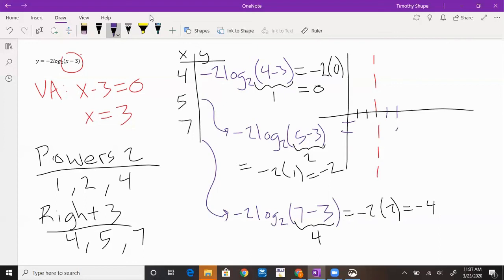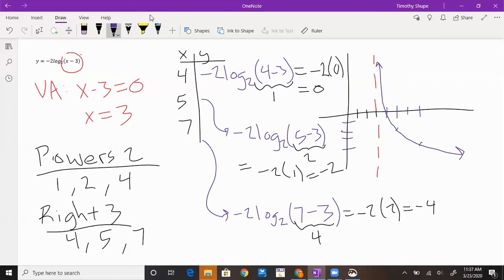And to the right 7 and down 4, it's going to put me about right there. Then connecting up those coordinates on the right side here, I can connect through those and come down to the right. On the left side, I'm going to approach that vertical asymptote and look something like that.